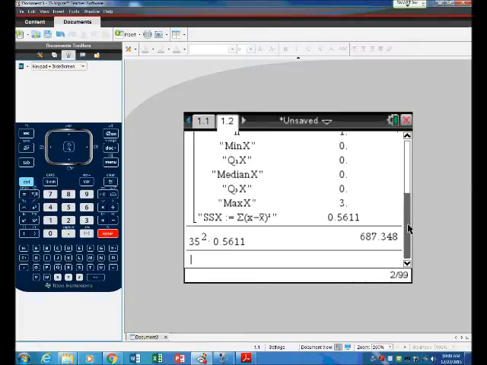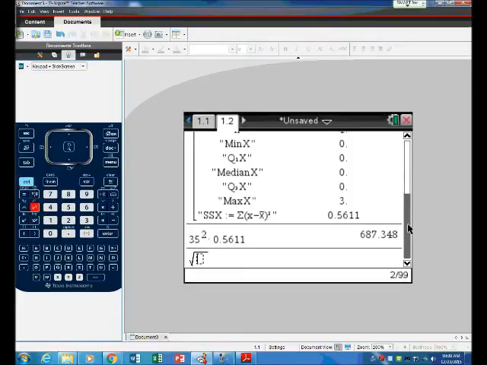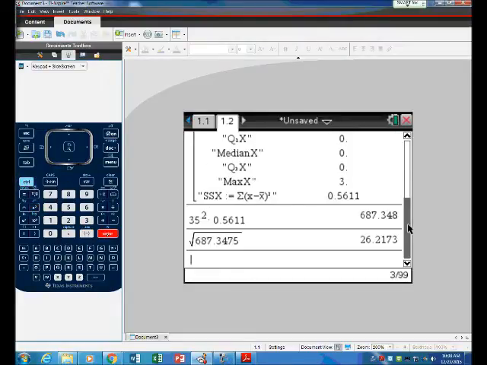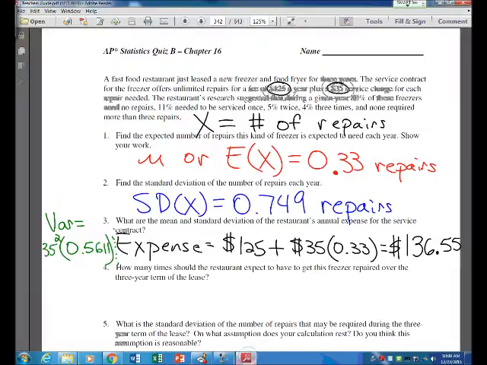But I want just dollars, not square dollars, so I need to take the square root of that value, which is going to be $26.22. So that's our standard deviation. I know this is still number 3, sorry about that. Still number 3, $26.22. Let you guys copy all that down.